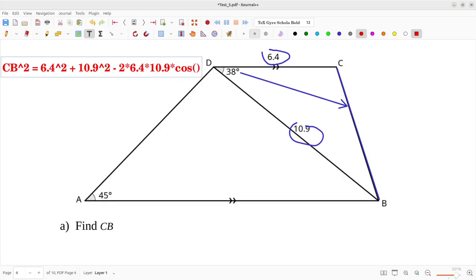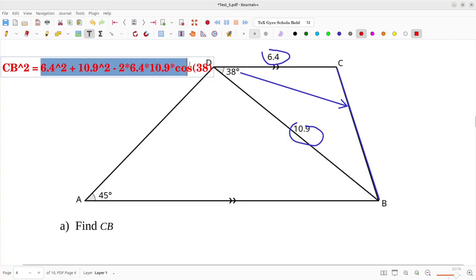The angle is 38. Stop wasting your energy on this.